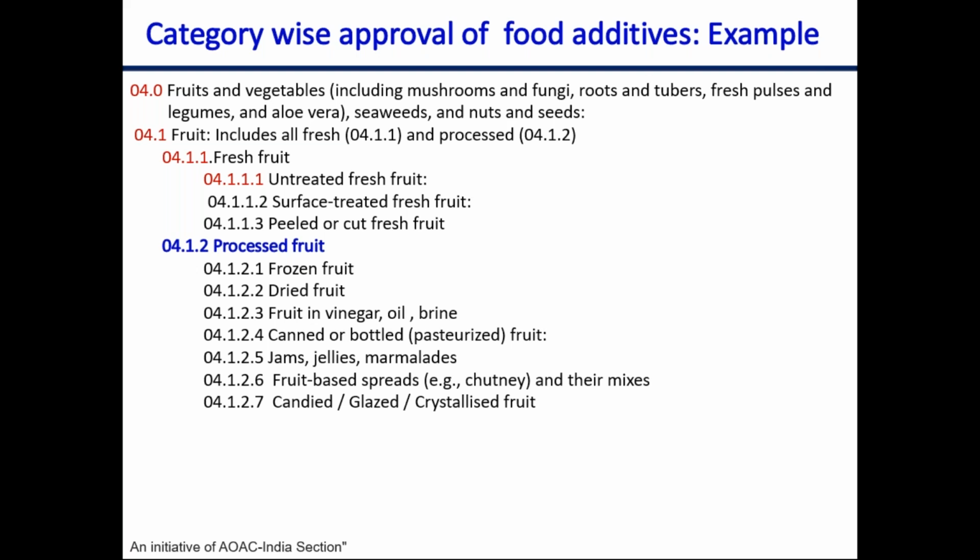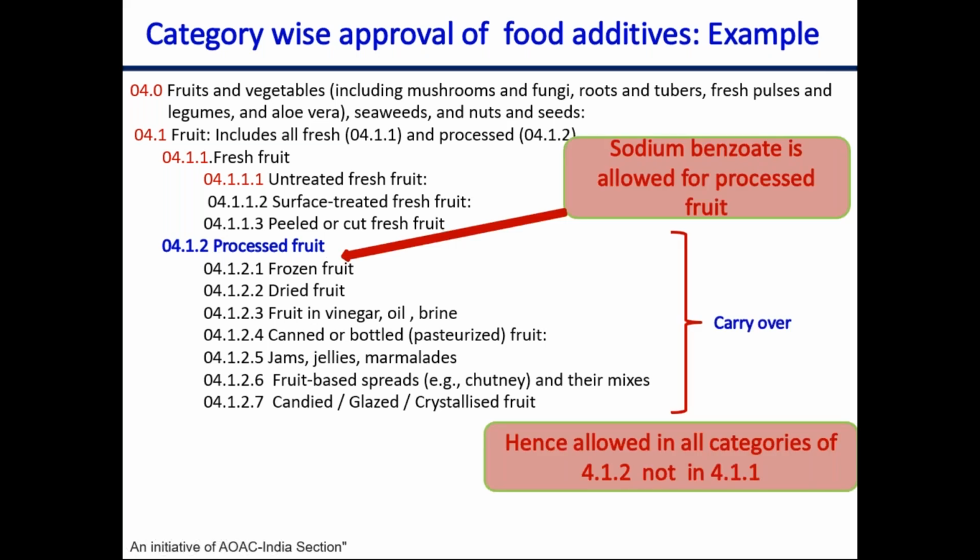food. So these are the category-wise numbers for the fruits. Fruits and vegetables come under 4.0, and processed food comes under 4.1.2. So here you have sodium benzoate. So sodium benzoate is allowed in 4.1.2.